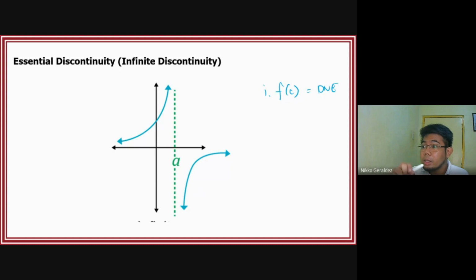Pag x mo is 0, at x equal to 0, mag-fail na yung function sa condition number 1. So, yun po yung types of discontinuity. Generally, dalawa: removable and essential. Then essential, meron tayong step and infinite discontinuity.